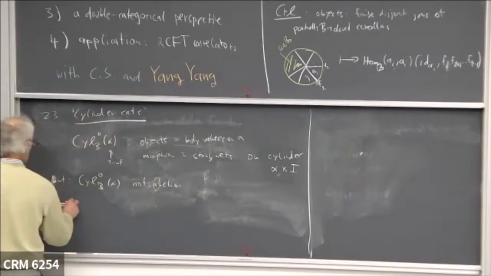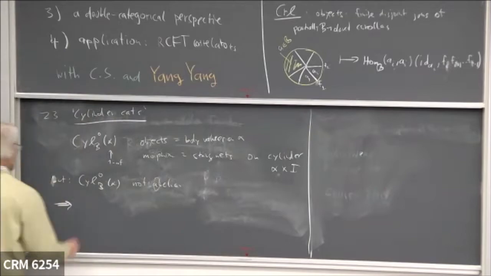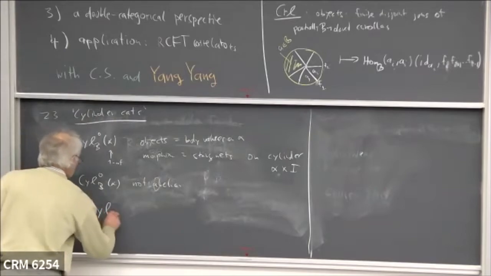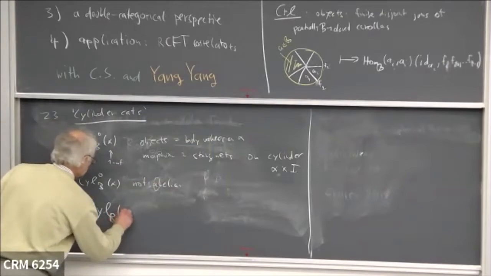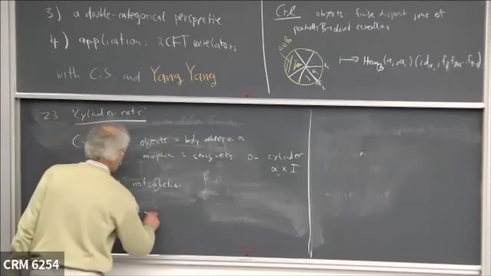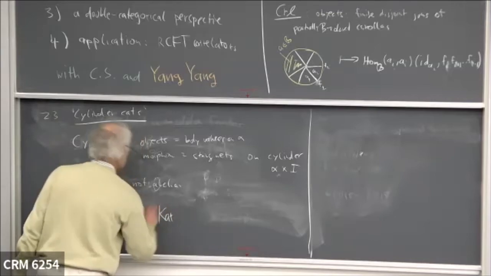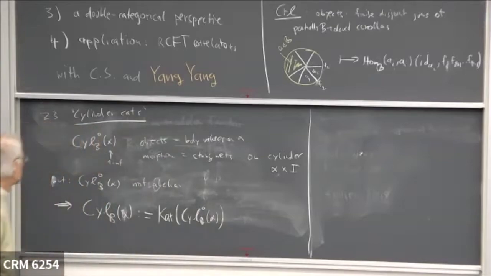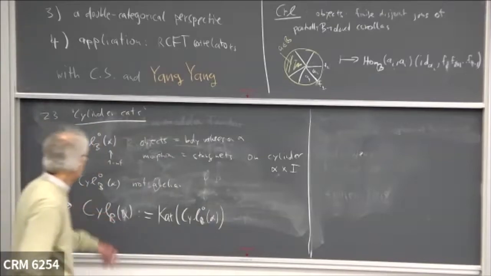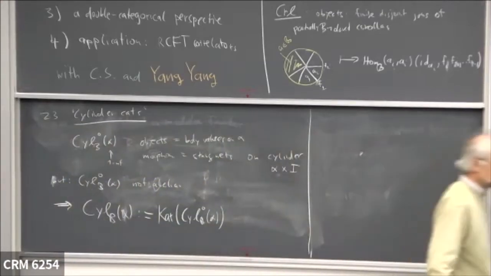What you can do is to define a new category, now without a zero, which is just the idempotent completion, or Karoubification, of the category I described here. And one can show that this actually gives abelian categories.